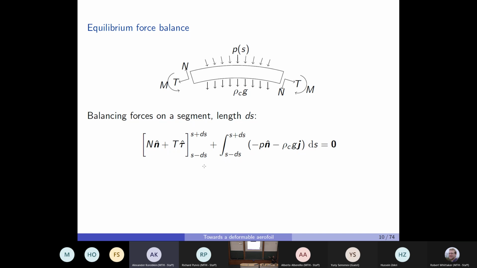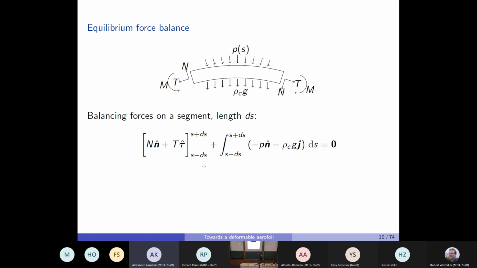So the pressure in general will depend on position once this thing's been put into a flow. If it's in a static fluid like the Flaherty problem, the pressure is just a constant. When you put it into a flow, it's going to depend on position, so P will depend on s. The cell wall is made of some material which has some density and therefore has some weight associated with it.